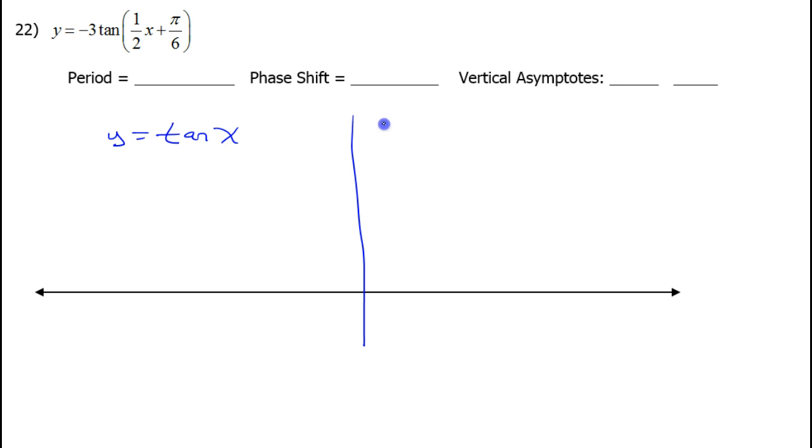Then over here I'll do a quick sketch of y equals cotangent x. So in both cases, I'm gonna do one period. So I'm gonna have a beginning and end, and then I'm gonna cut that in half, then I'm gonna cut that in half. And I'm gonna do the same thing over here with my cotangent function.